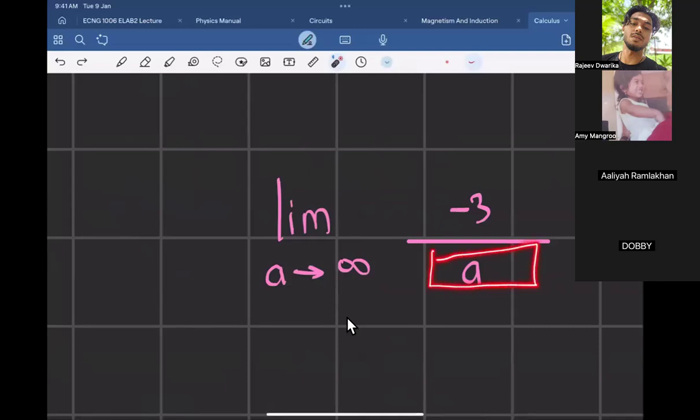Yeah, because if the number in the bottom is getting huge, then this fraction is getting smaller. And eventually the fraction approaches what value? If it's getting smaller and smaller and smaller, it'll become very close to what value?